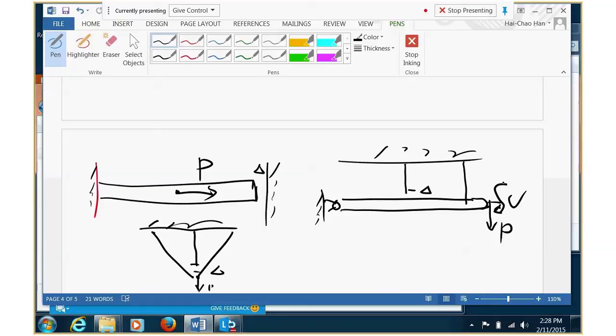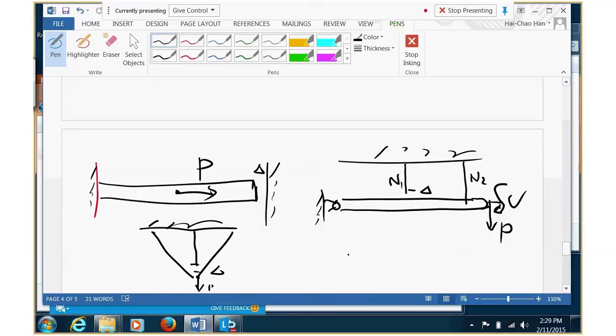First, is this a determinate problem or an indeterminate problem? By doing lots of homework, you should say it's indeterminate, because you have two bars, so you're going to have N1 here and N2 here.